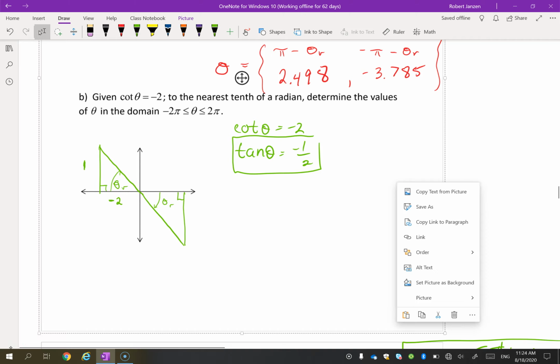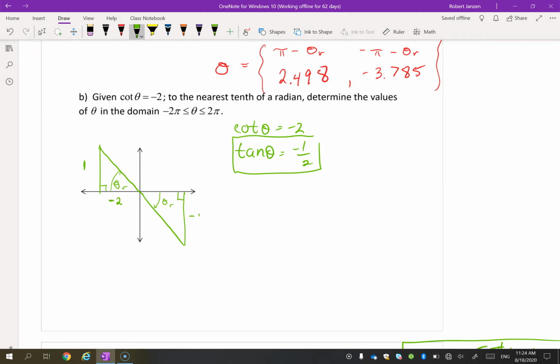And then over here, you've got -1/2. Finishing these triangles off, if we use Pythagoras, I believe this is going to be √5. And the hypotenuse is always positive. So now we've got our triangles.